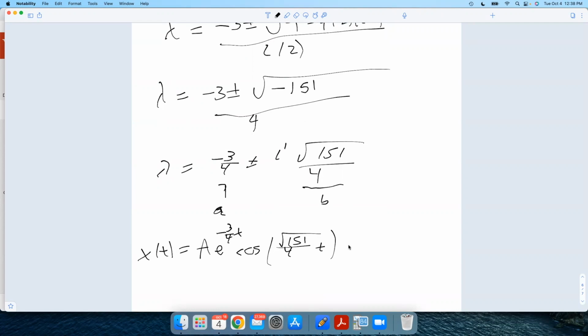Don't forget your t. Plus whatever B e to the negative 3/4 t sine root 151 over 4 t. T is not under the radical there. I want to really emphasize that. T is not under the radical.